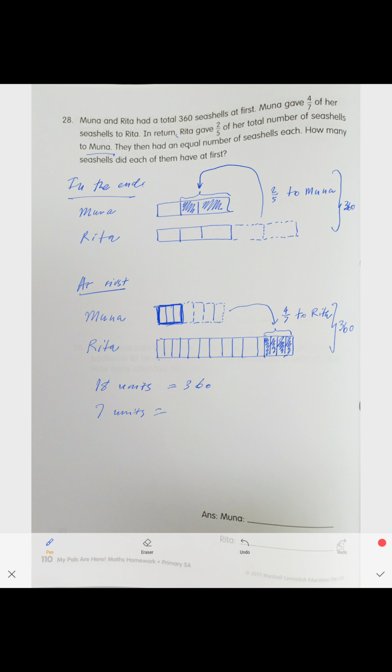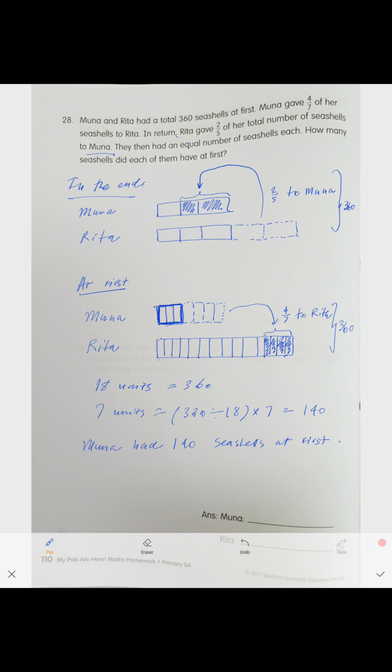How much is 1 unit? 360 divided by 18. And how much is 7 units? Times 7. If you calculate everything, that's going to be 140. Muna had 140 seashells at first.